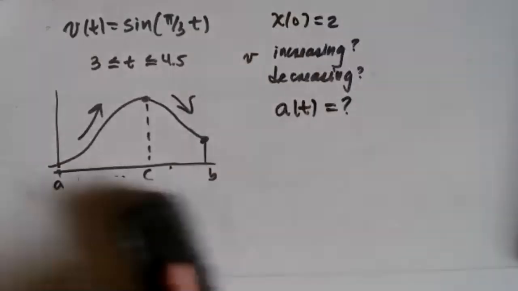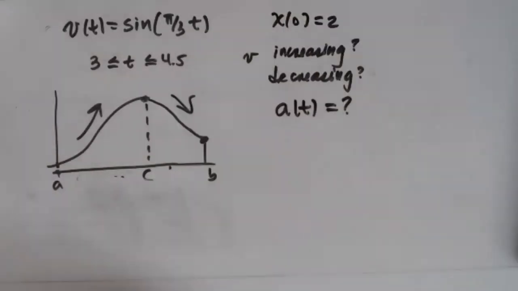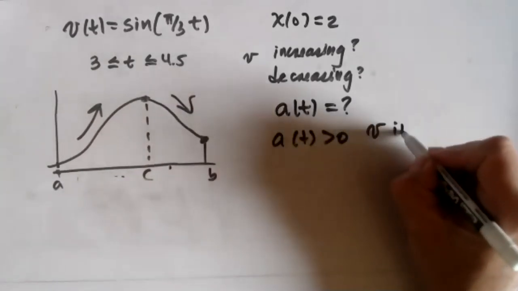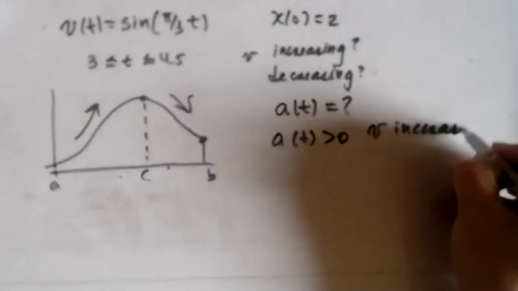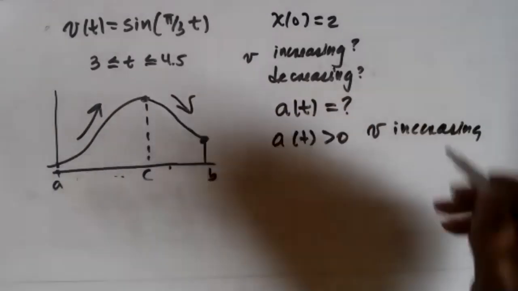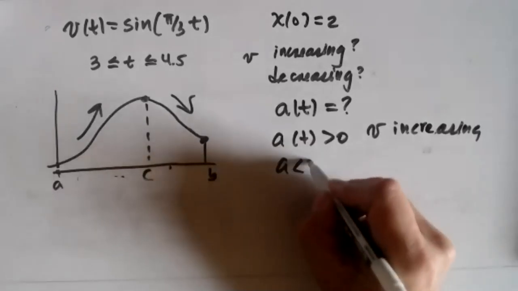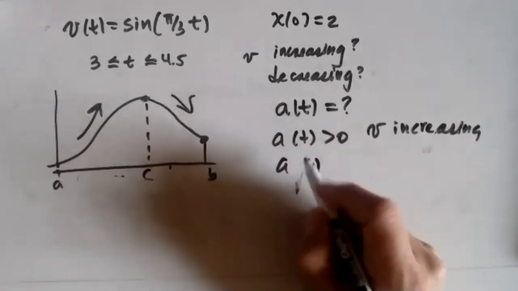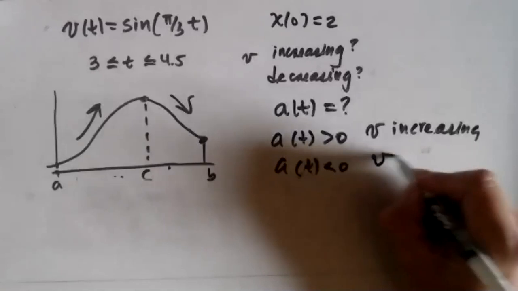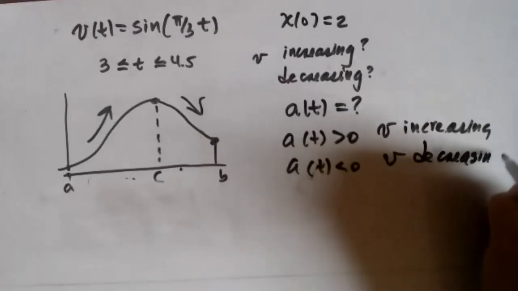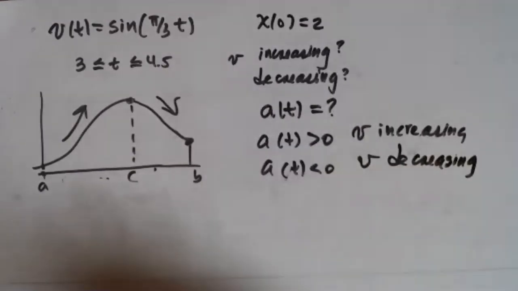If it's positive, then it's increasing. If it's negative, then it's decreasing. This is A positive, right? V increasing. If A of t is negative, V is decreasing. So it's decreasing if the acceleration is negative.